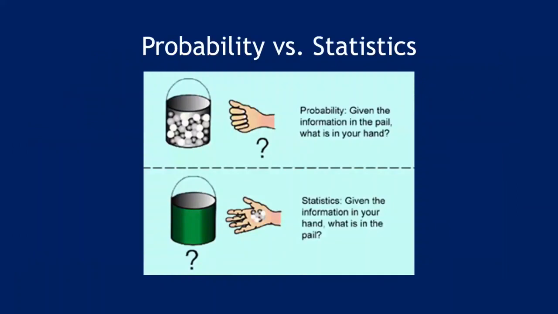Again, just to recap this very important distinction between theoretical probability versus statistics, you can see that the first one illustrates the idea of probability, right? So you will have information in this bucket over here, and the bucket represents the entire population.